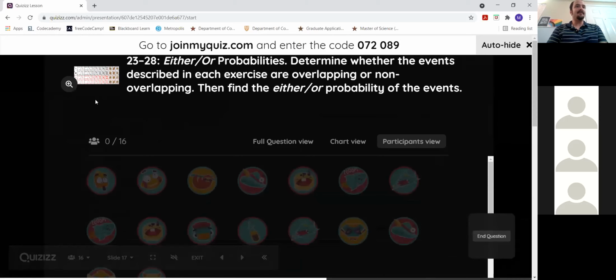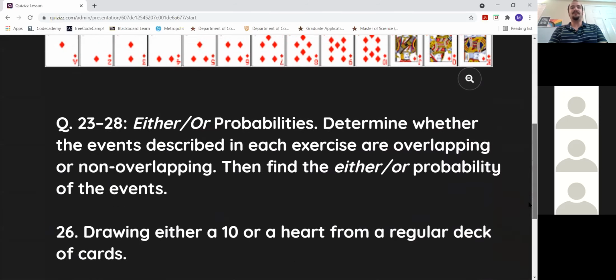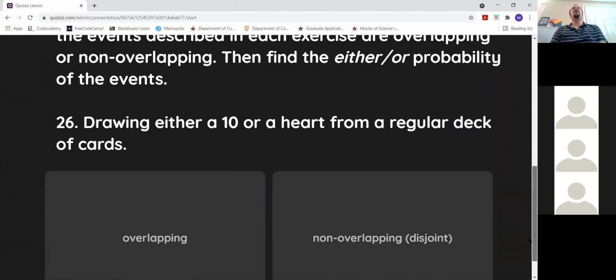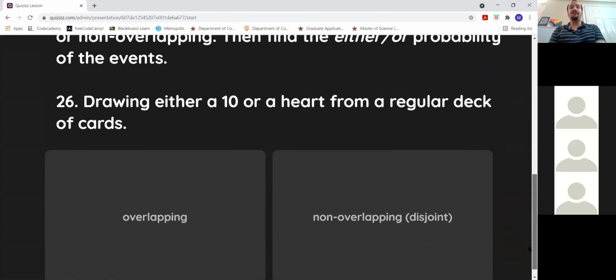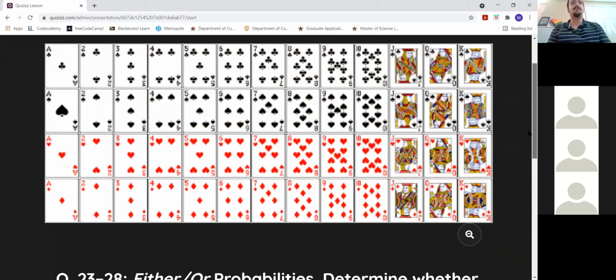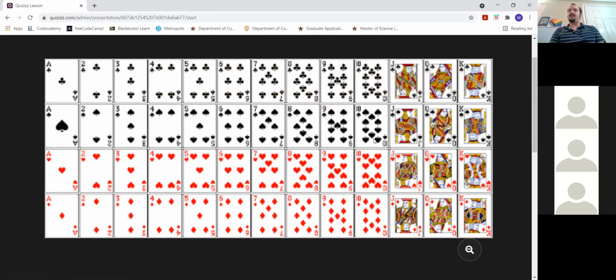Because I think we might have another example here that might get at that. So drawing either a 10 or a heart from a regular deck of cards. So we're either drawing a 10 or we're drawing a heart. Is that overlapping? Is that disjoint? What is that?